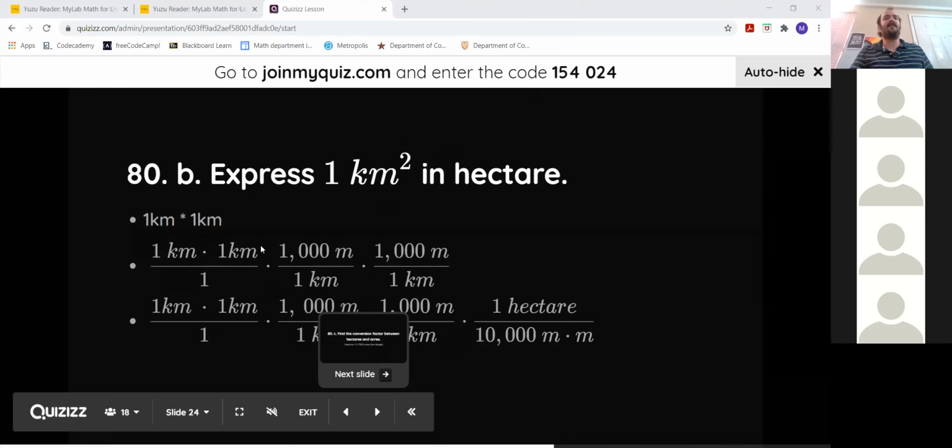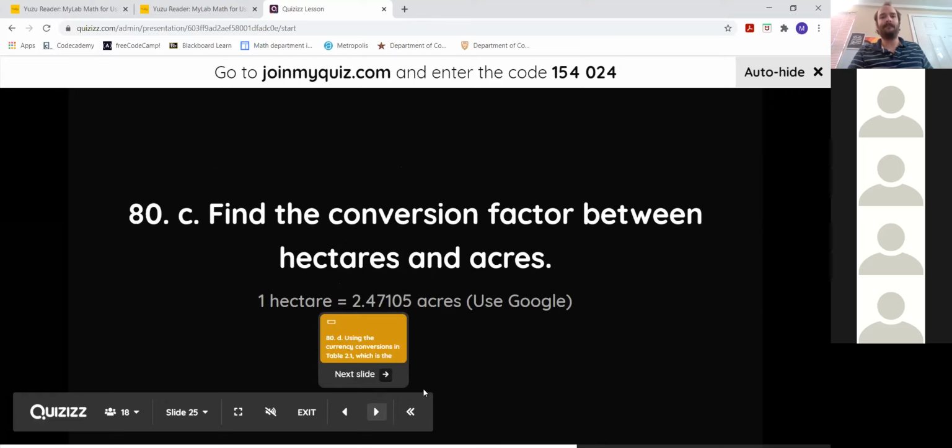And if we do dimension analysis, we can see why we have to do it twice, because this will get rid of one of the kilometers, but we still have another kilometer here we have to get rid of. So it's coming from the fact that there are 2 sets of kilometers when we talk about kilometers squared. Okay, cool, thank you. It's the dimension analysis thing.